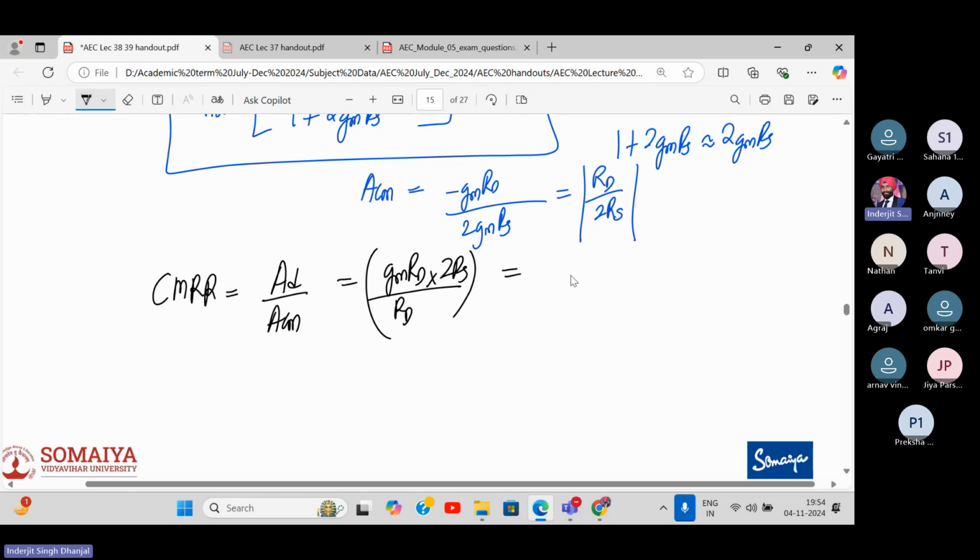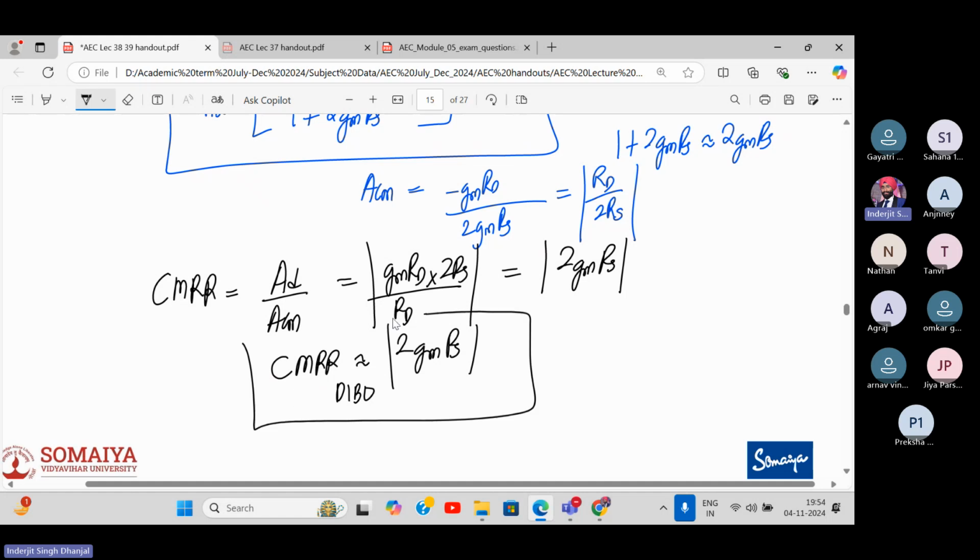So what do we get? Actually, it is the mod. We get twice GM RS. So CMRR for DIBO is approximately given by twice GM RS.